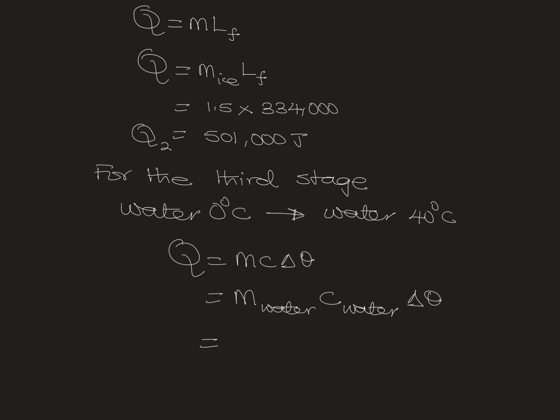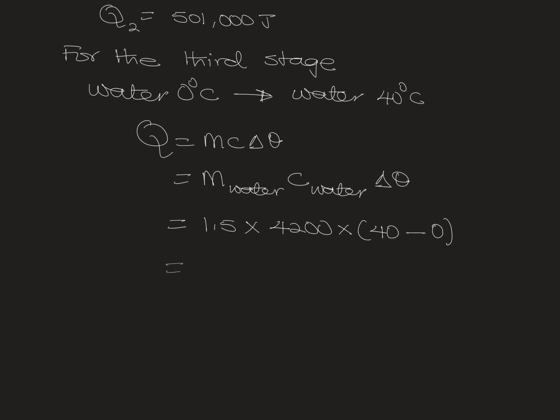So what is the mass of the water? It is 1.5 kilograms times the specific heat capacity of water is 4,200 joules per kilogram per Kelvin times the change in temperature will be the final temperature minus the initial temperature is 0. So that is 1.5 times 4,200 times 40.